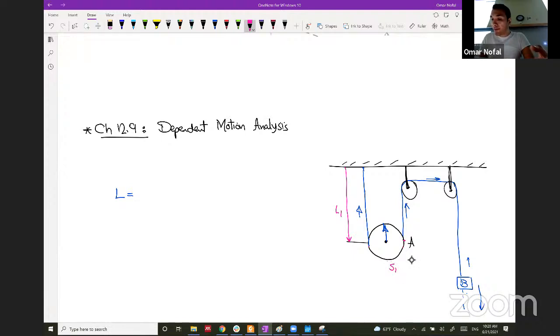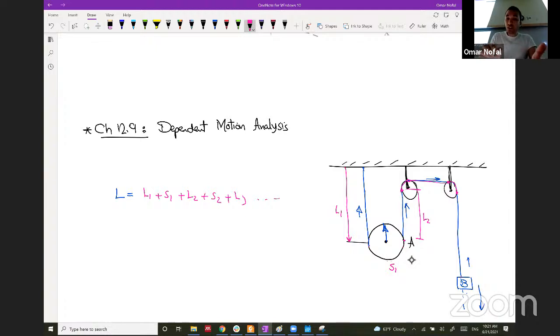And then from here to here, let's call it L2, and you will have to calculate this distance, and then you get this distance, and this one, and this one. And you will have an equation with L1 plus S1 plus L2 plus S2 plus L3. So it will be a very, very long equation.